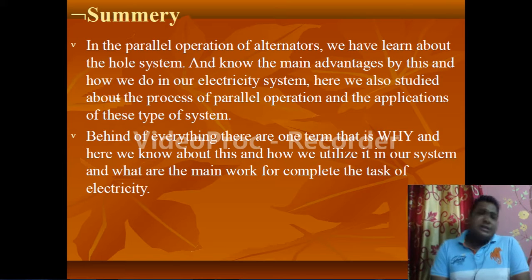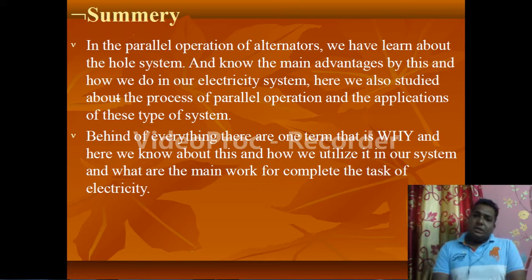Now this is the summary. In the parallel operation of alternators, we have learned about the whole system and its main advantages, and how we use it in our electric system. We also studied the process of parallel operation and the applications of this type of system.